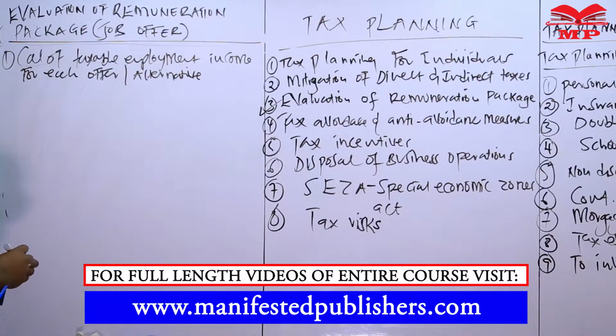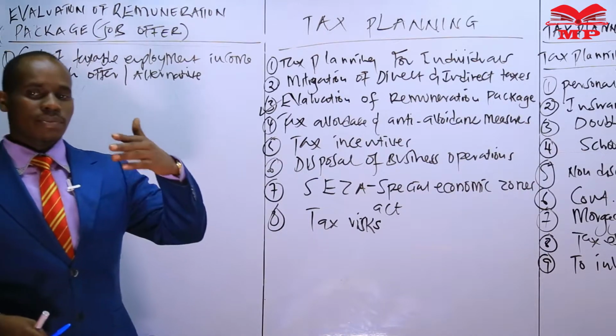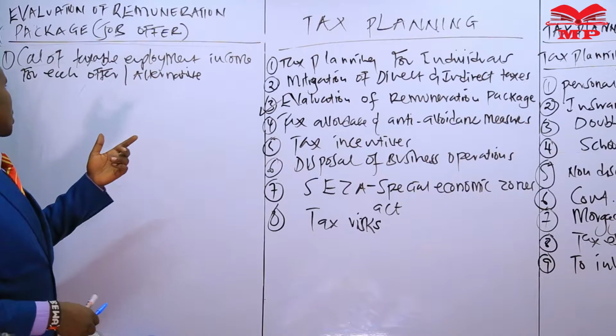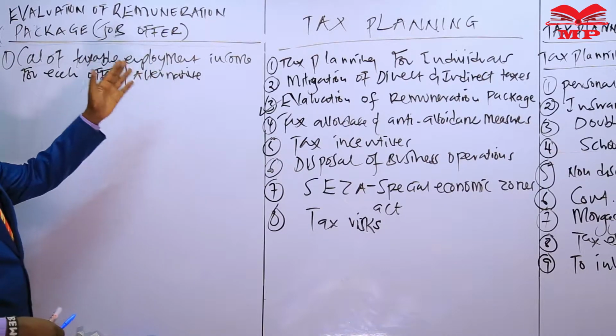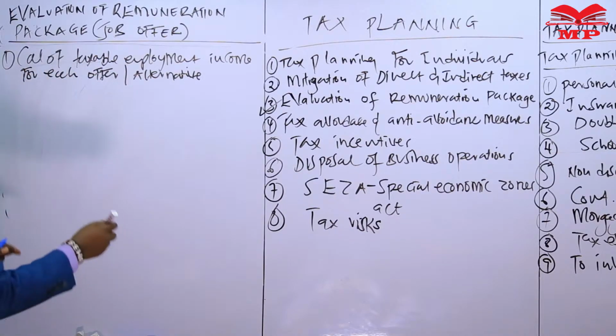Remember, we are having two offers and we want to pick the best, or we have alternative 1 or alternative 2 and we want to select the best alternative. So the first step will be calculation of taxable employment income for each offer or for each alternative.